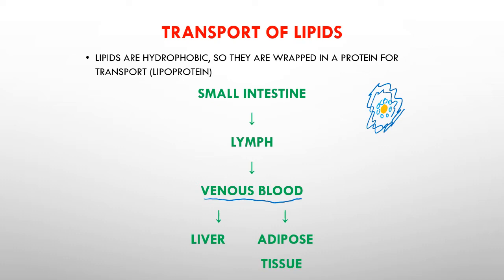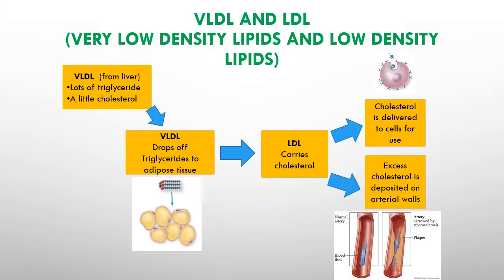And so we're going to dump into that subclavian vein, and from there it's going to essentially get dispersed. It's going to potentially move over to the liver, potentially move over to adipose, and it's going to then be processed in those particular areas.